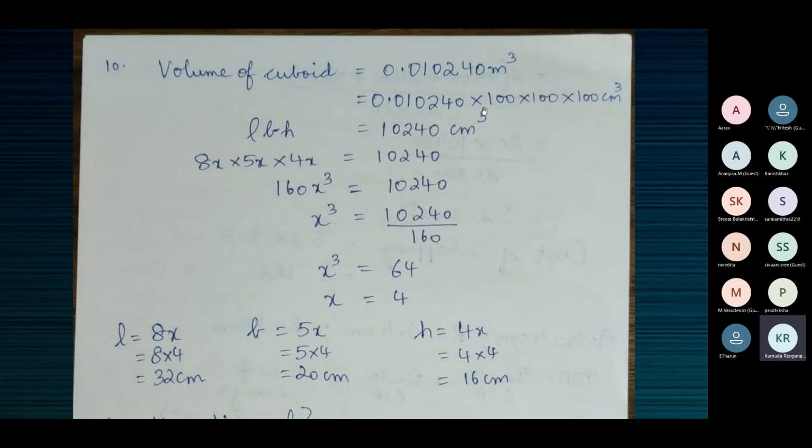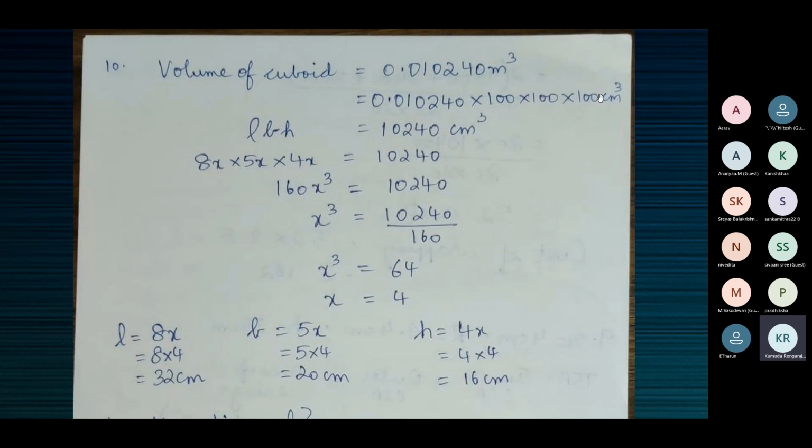What I've done here is, you can also convert this to a fraction. The volume is given in meter cubed. I've converted that to centimeter cubed to get rid of the decimal point. It's 0.010240 meter cube.